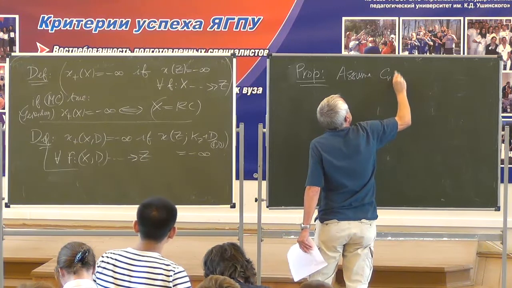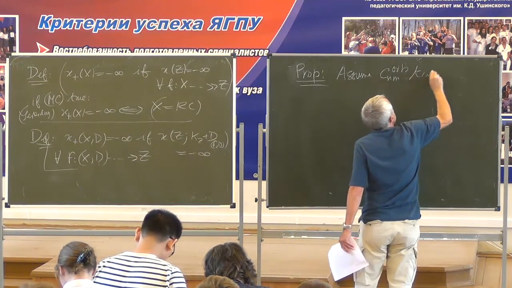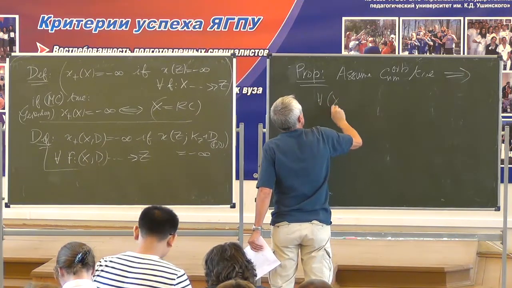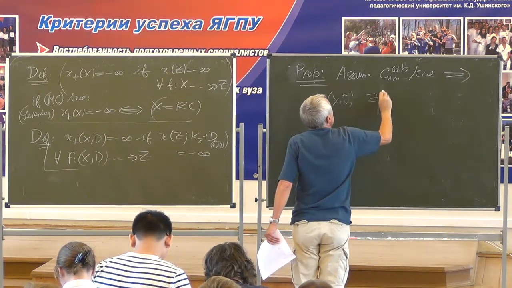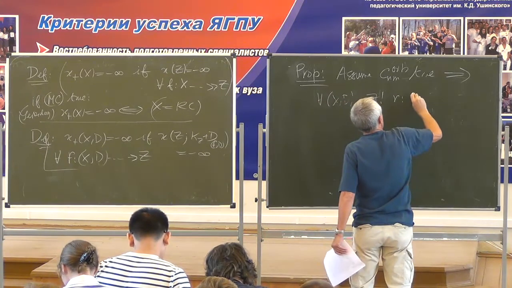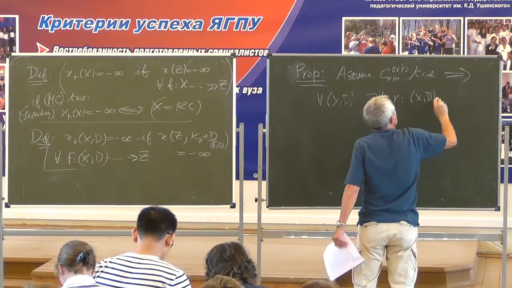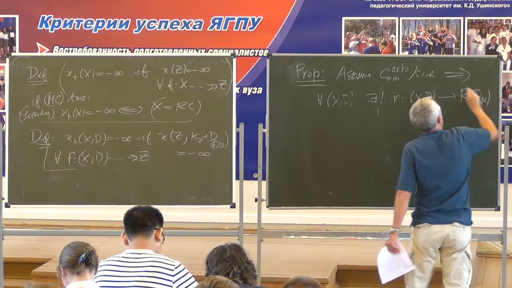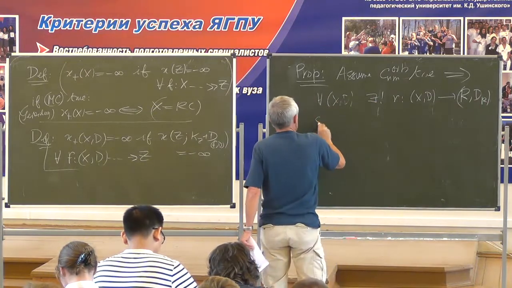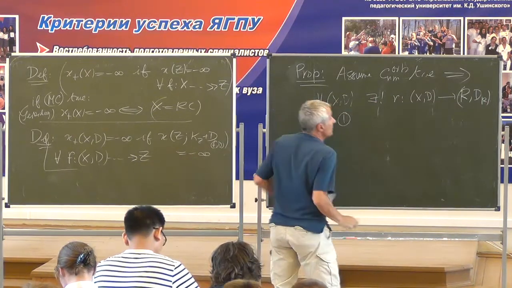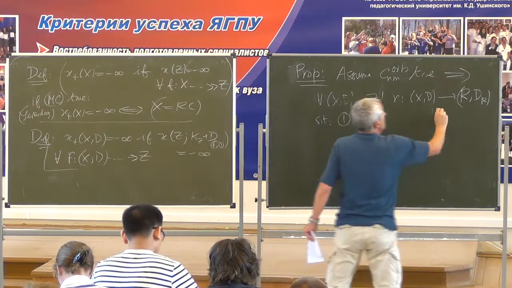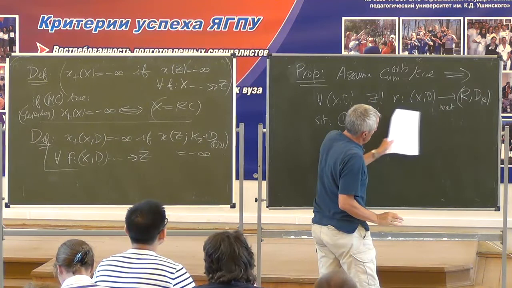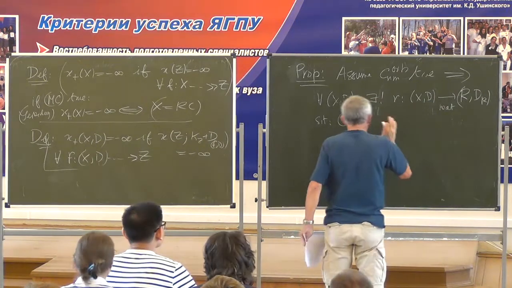Assume... then it is possible to show that for any (X, D), there exists a unique fibration, I call it (X, D) to (R, D_R), which has the following property, such that one, kappa... by making modifications. I have to explain what is a birational equivalence here, but I don't do this.